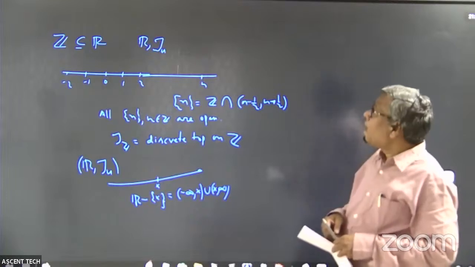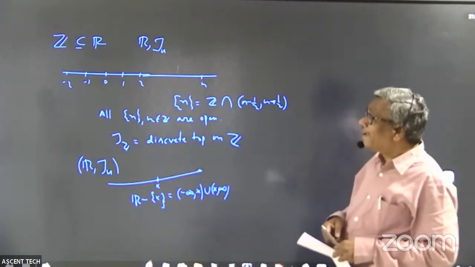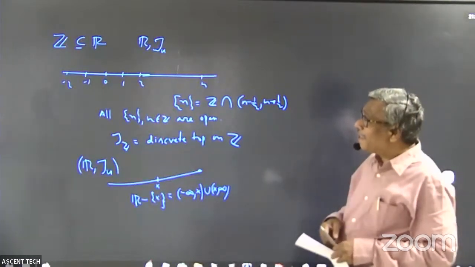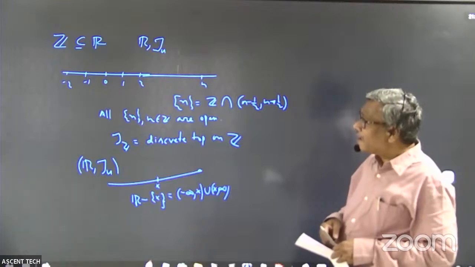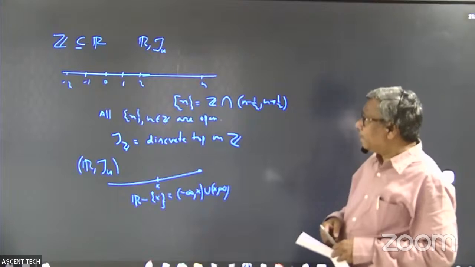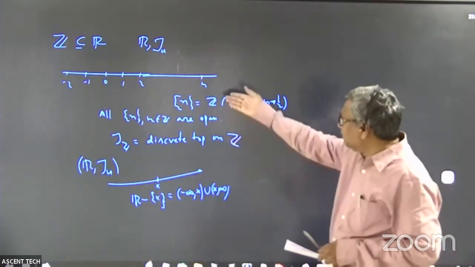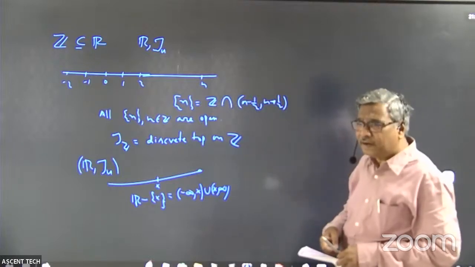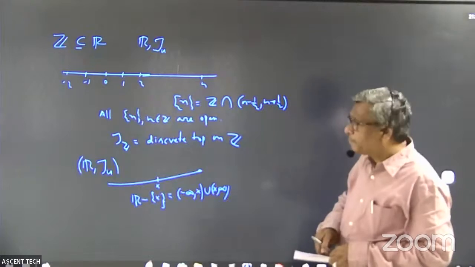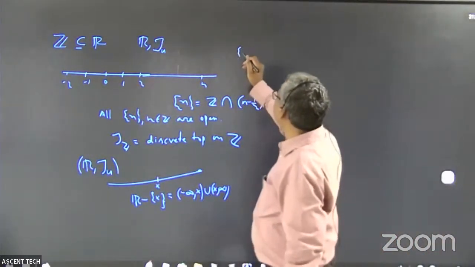I mean, can we define a metric in such a way that T_Z can be written as a metric topology? This is actually a metric topology, incidentally. In R, the metric topology, the same metric seems to be working here. For example, what is singleton {n}?